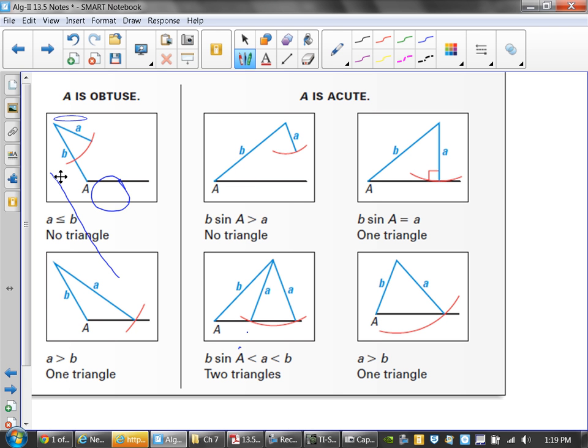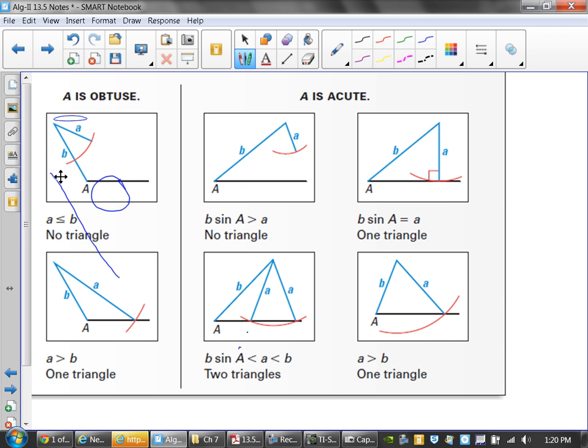You can have no triangle. You can have one triangle where it winds up being a right angle. You can have 2 triangles, and we'll talk about how you create 2 triangles tomorrow. And you can have one regular old run-of-the-mill triangle. But in order to check that, you have to use those 4 possibilities.